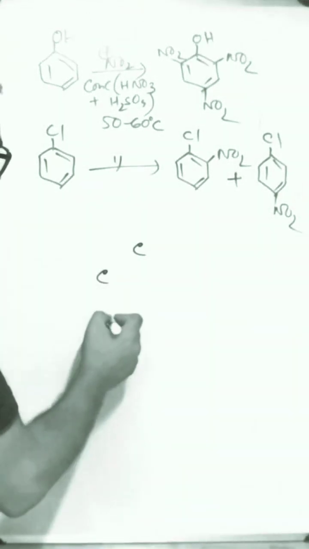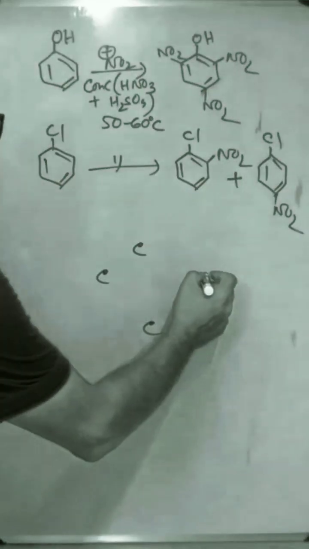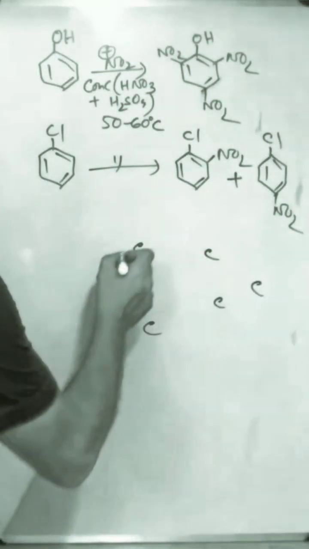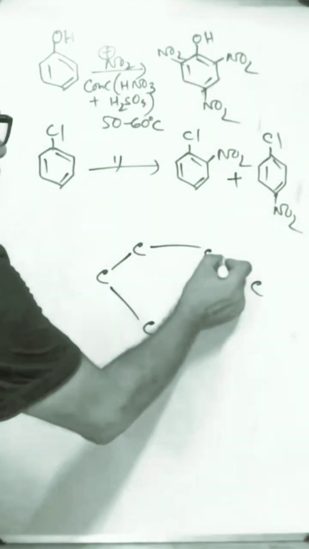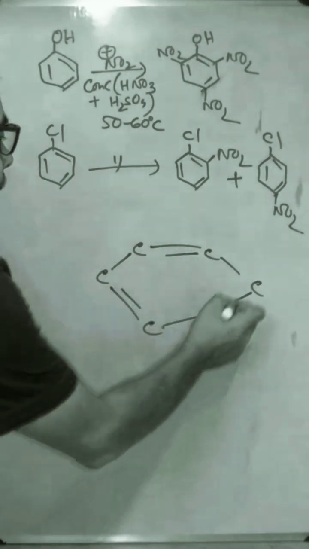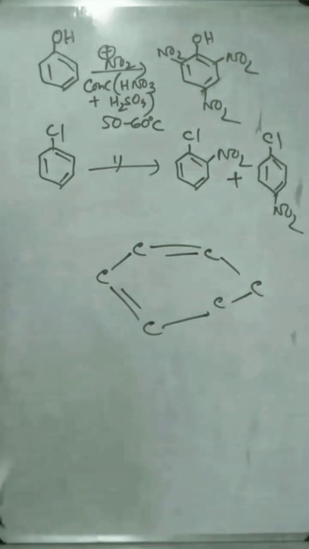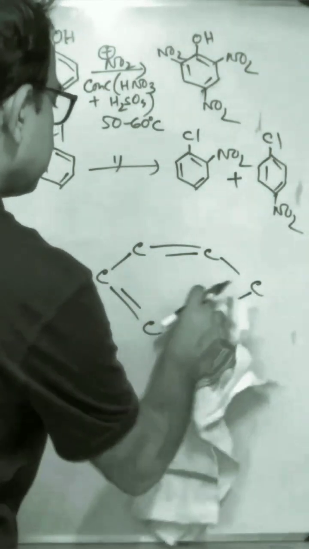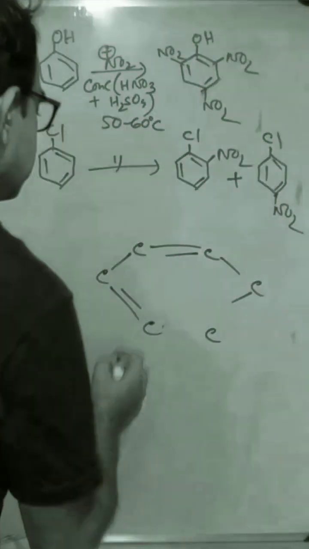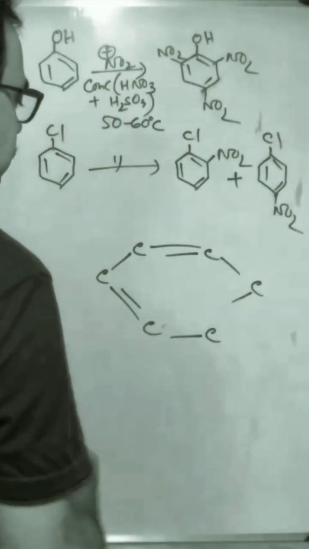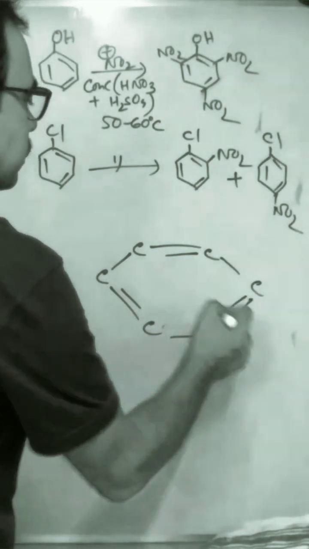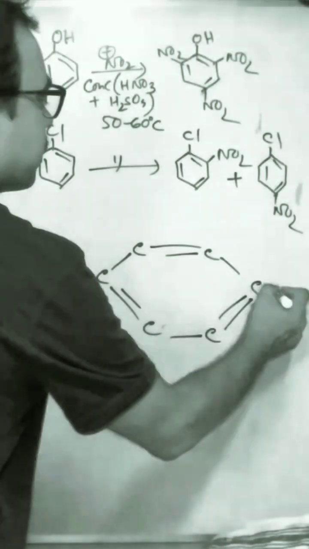In benzene, 6 carbon atoms are there, all with alternate double bond and single bond, and all have a hydrogen atom present.